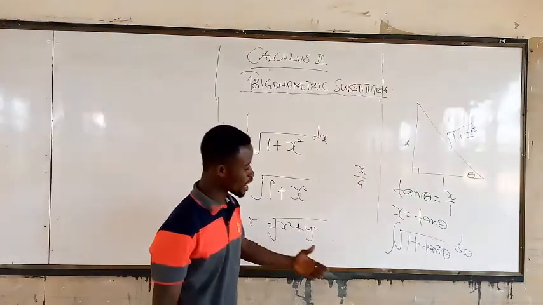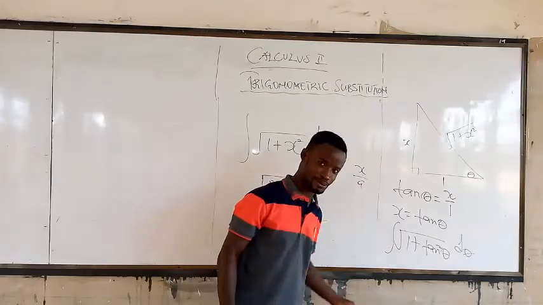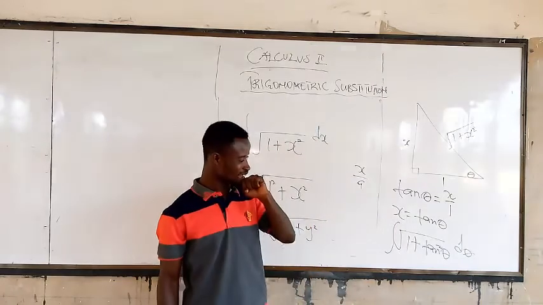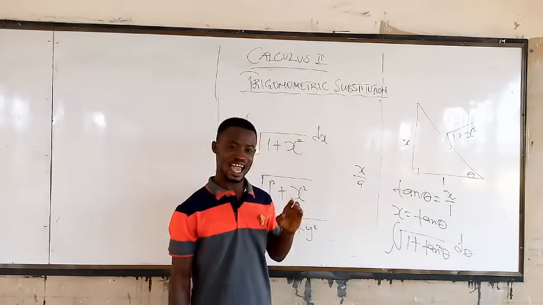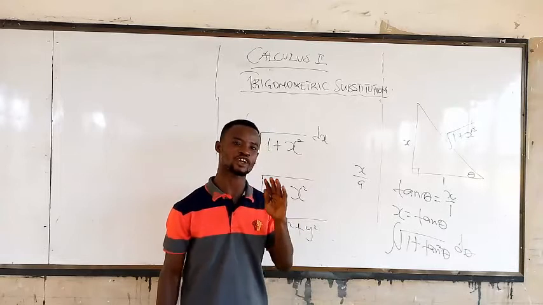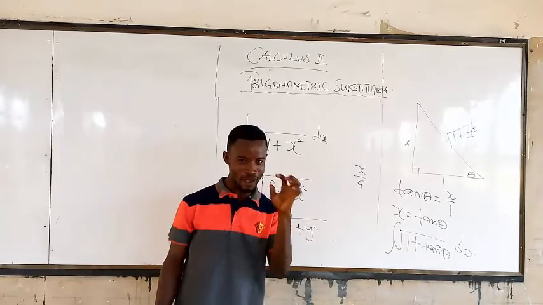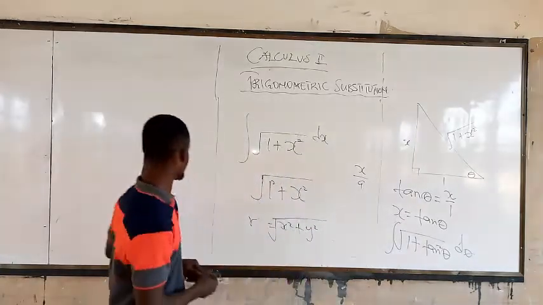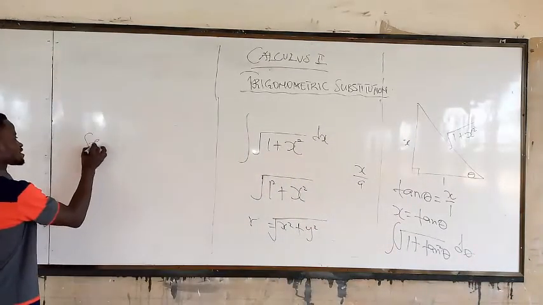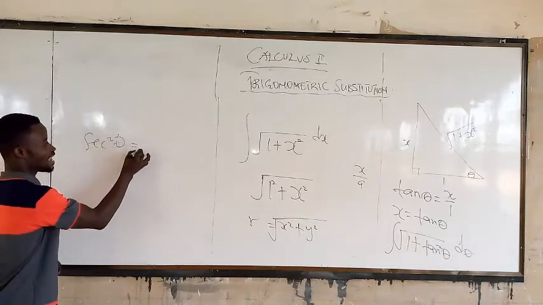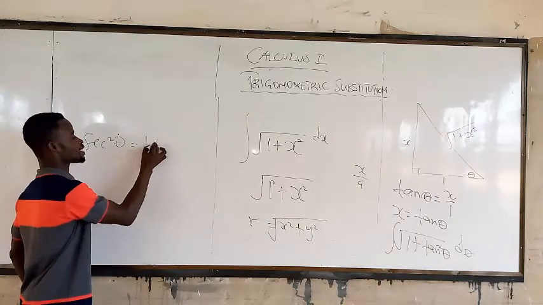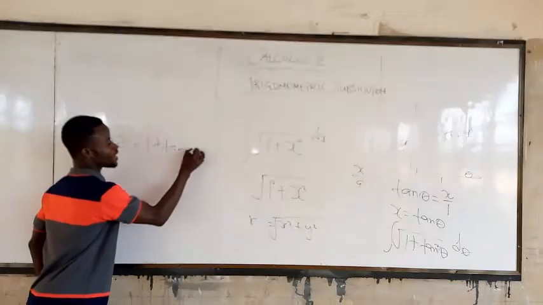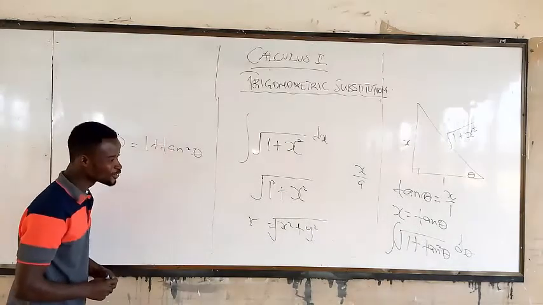And now we have done trig substitution. I hope you can see that. Very beautiful. And if only you have trigonometric identity spectacles, you can see that the inside here is just sec squared theta. Sec squared theta is 1 plus what? Tan squared theta. Very good.